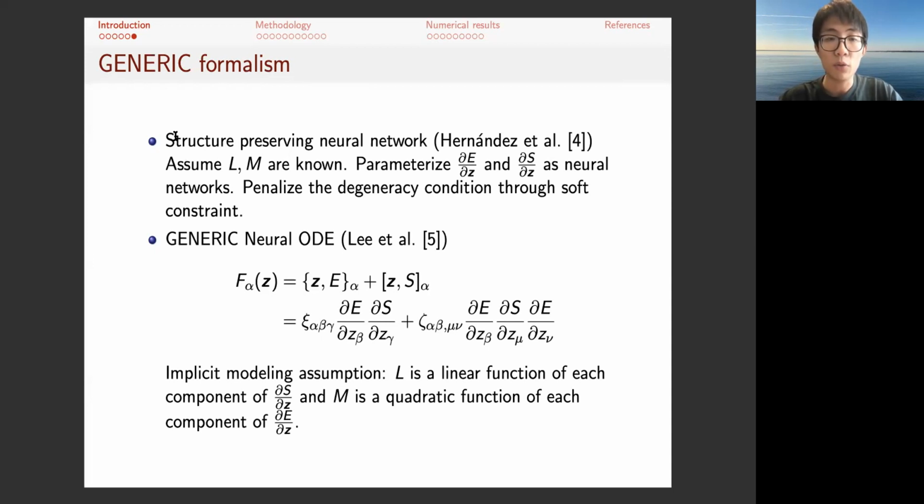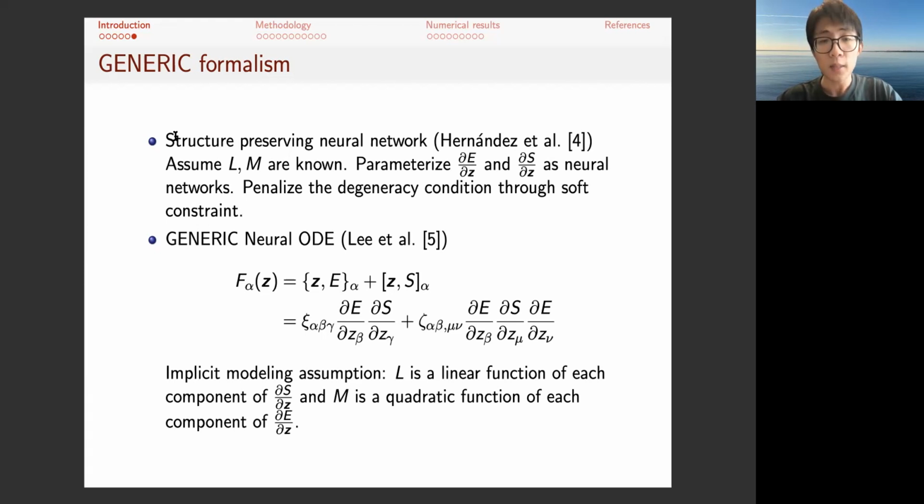Another approach is called the generic neural ODE, which is done by Professor Dr. Nat Trask at PNL. They parameterize the right-hand side of the equation through some bracket notation.